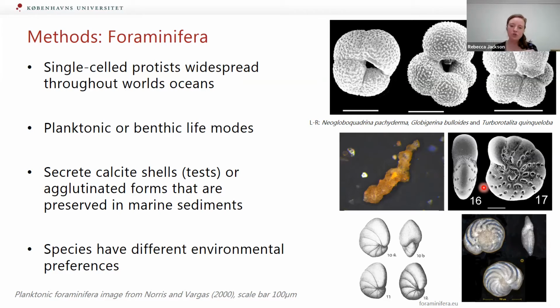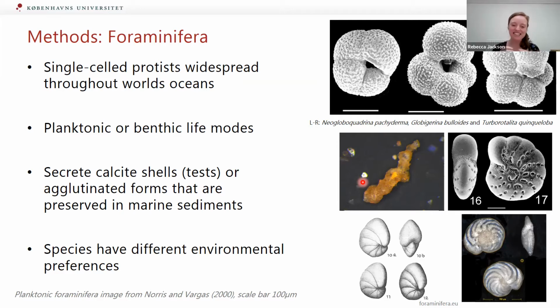And there are even two types of foraminifera. So we have the ones that form calcium carbonate shells or tests, and that's most of these lovely looking ones here. And then we have agglutinated forms, which is possibly my favorite. It's like the ugly duckling of the foraminifera world.